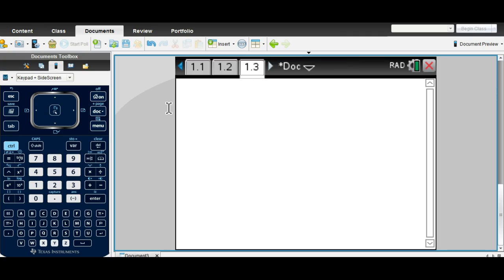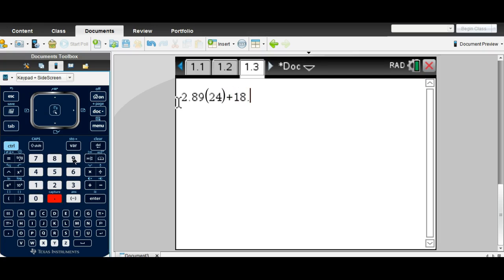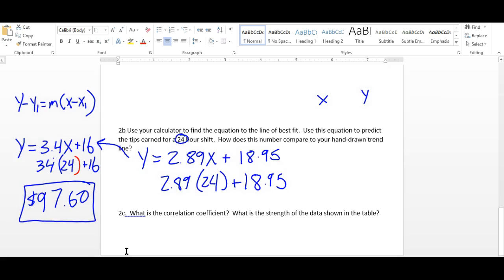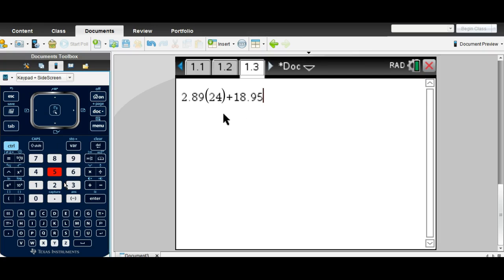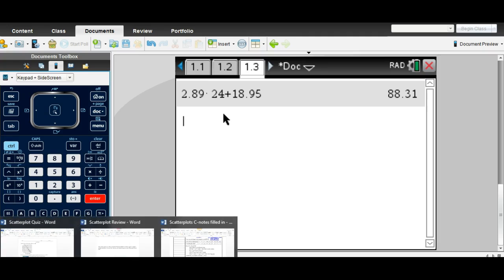We want a calculator here, so I can say 2.89 times 24-hour shift, it's a long work shift, plus 18.95. Double check to make sure that's right. 2.89, 18.95, yes. Enter, and we get $88.31.